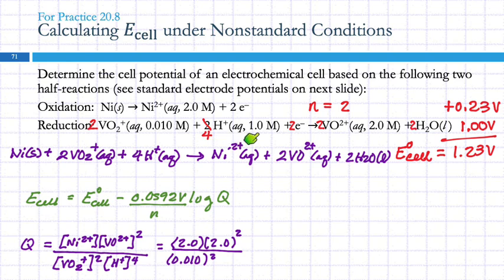And the hydrogen ion concentration to the 4th power. So Q is 8 times 10 to the 4.